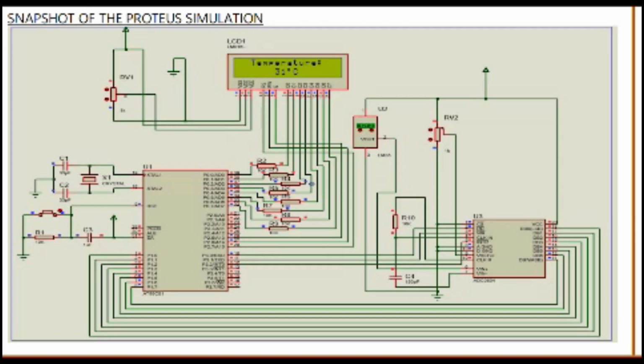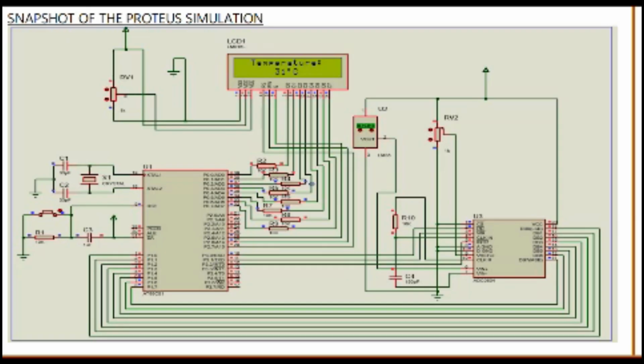The output is connected to pin 6 of the ADC0804. It provides analog voltage corresponding to temperature. ADC, analog to digital converter, converts the analog output from LM35 to digital data.